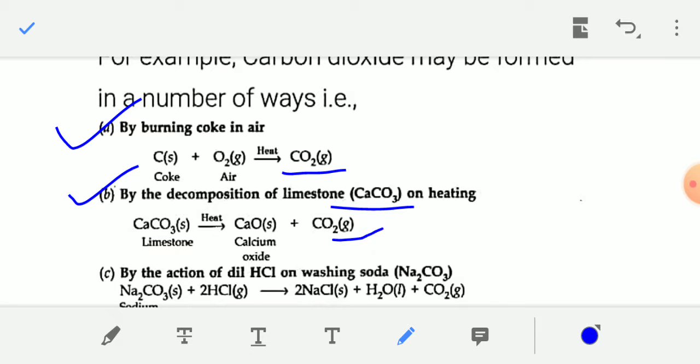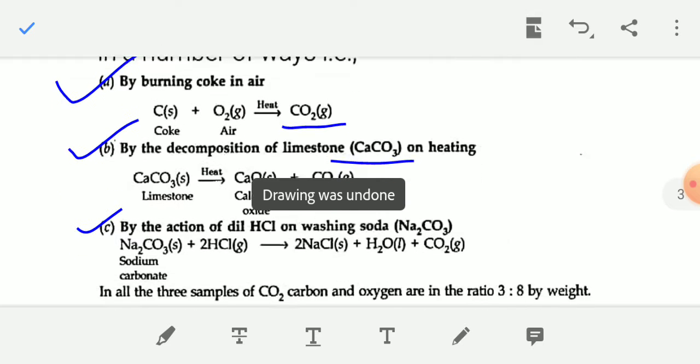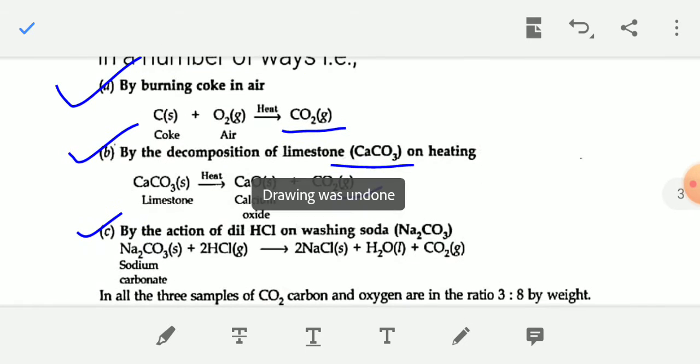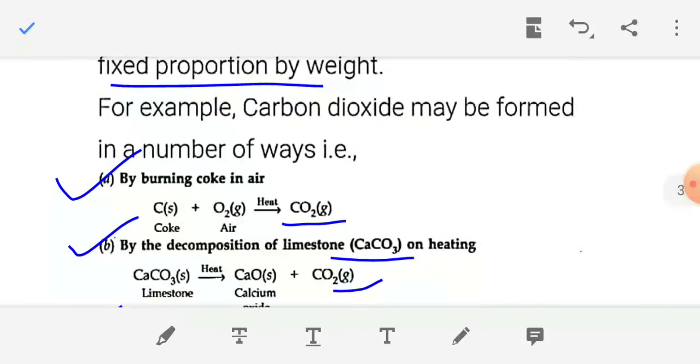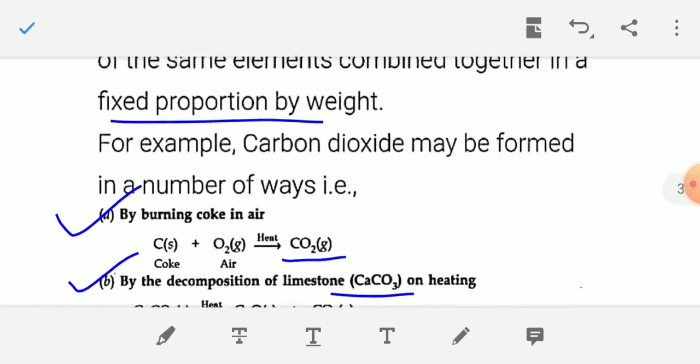Similarly, you can prepare carbon dioxide by the reaction between sodium carbonate, Na2CO3, and hydrochloric acid, and you will get sodium chloride, water and carbon dioxide. So you can prepare carbon dioxide in many ways.